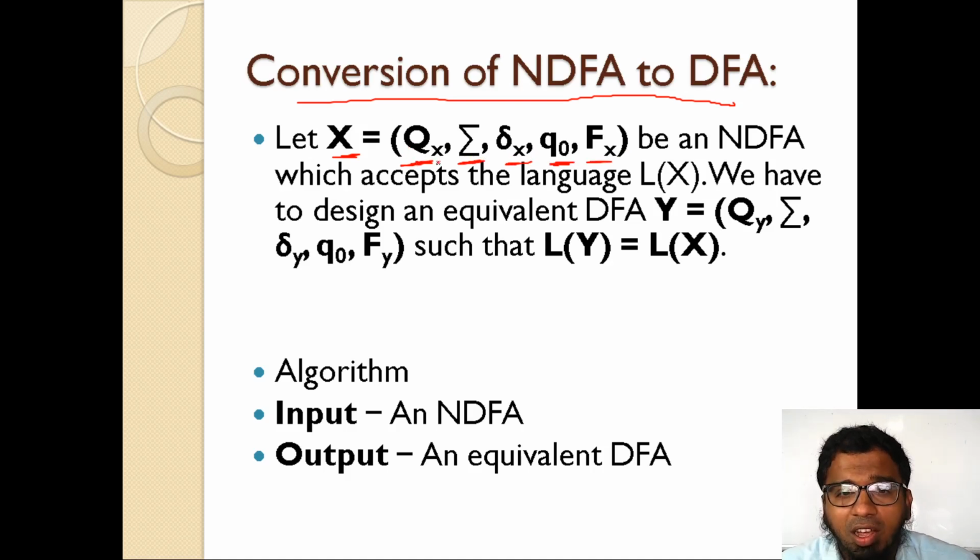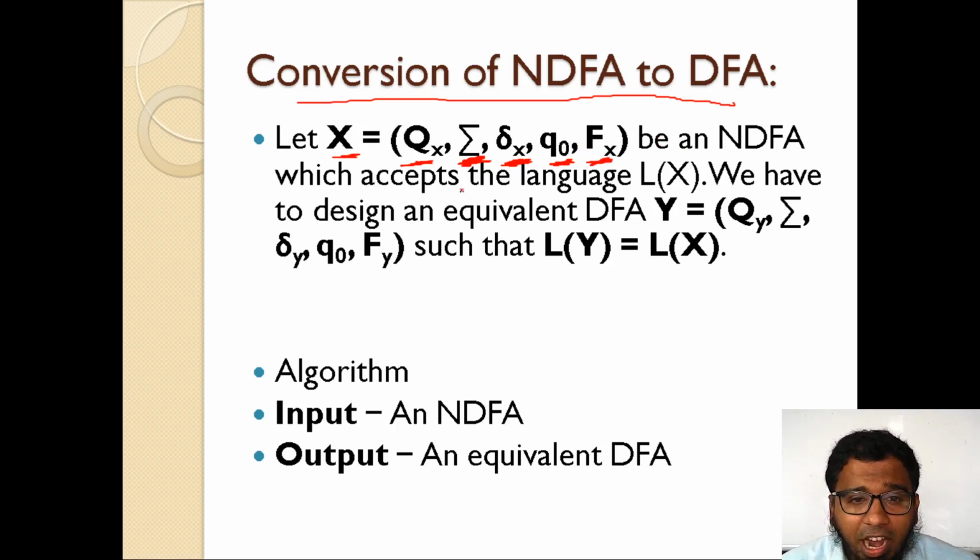Q is the set of states of the finite automaton and Sigma is the alphabet whatever we are going to use. Delta x is the transition function or transition diagram. q0 is the initial state and Fx is the final state.